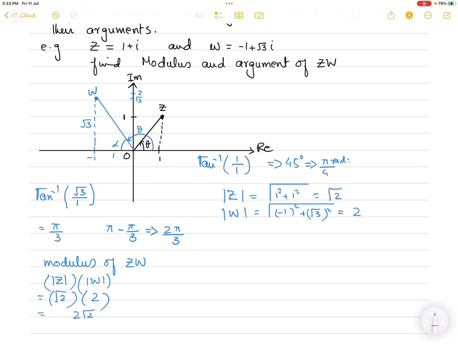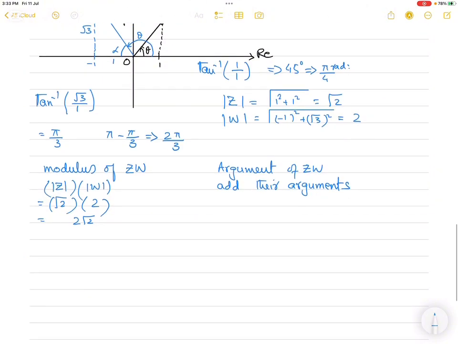Now to find the argument of zw, we have to add their arguments, and we already found them.